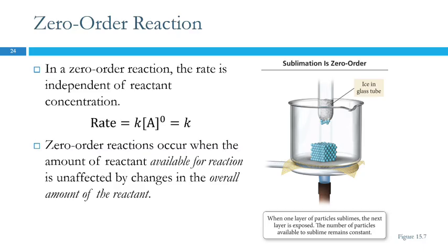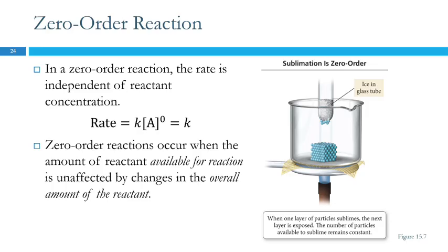Zero order reactions are kind of special. They're not super common because you think, well, how could the rate not depend on the concentration of the stuff? Well, it can happen when solids are reacting. So here we have a solid substance that's subliming. It's going directly into the gas state and then condensing on this test tube. When one layer of this leaves, there's still the same amount left available to sublime.